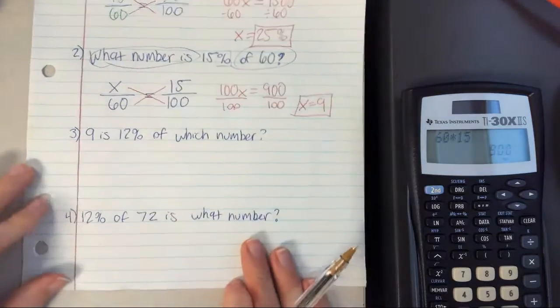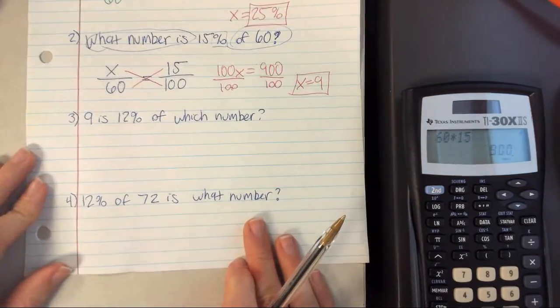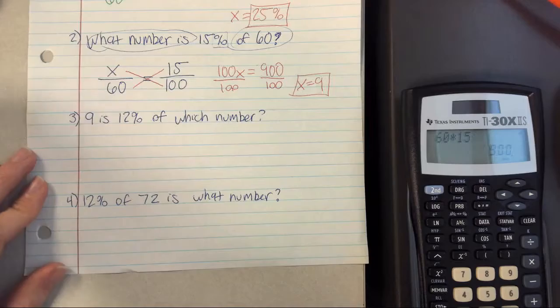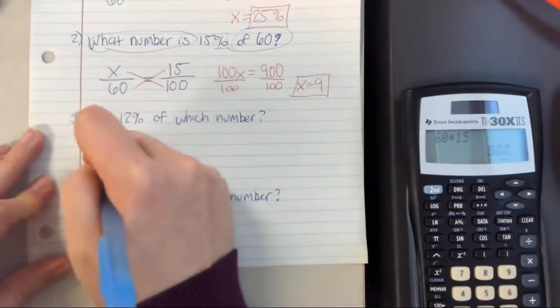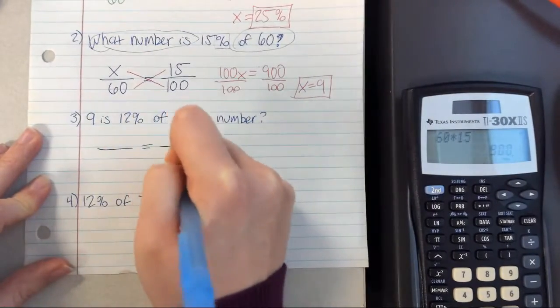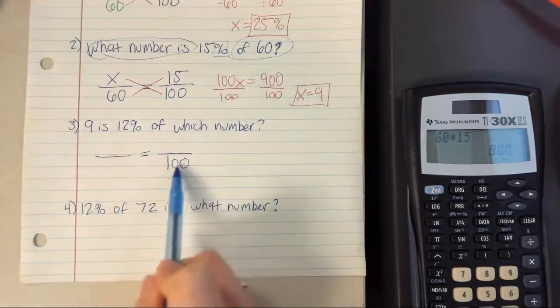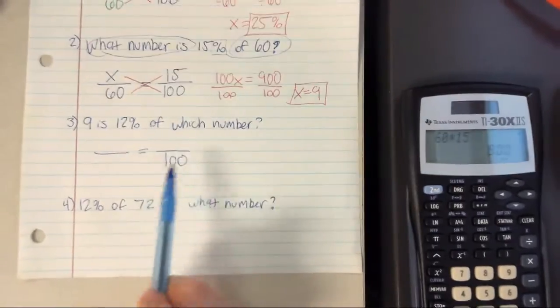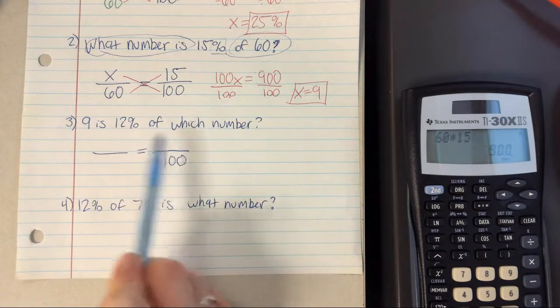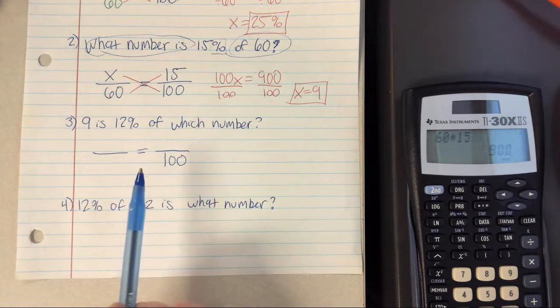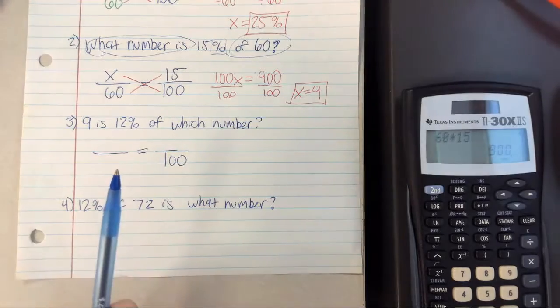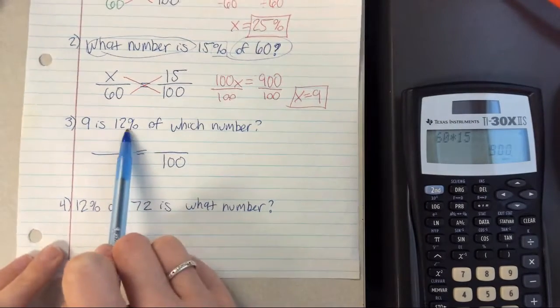The rest are the exact same thing. It's just worded a little bit different, and maybe our variable will be in different spots. Anytime it's a percent proportion, you know that 100 goes in there. If it's not talking about a percent, do not put the 100 in there. Just set up the proportion like normal. So again, we see our percent.